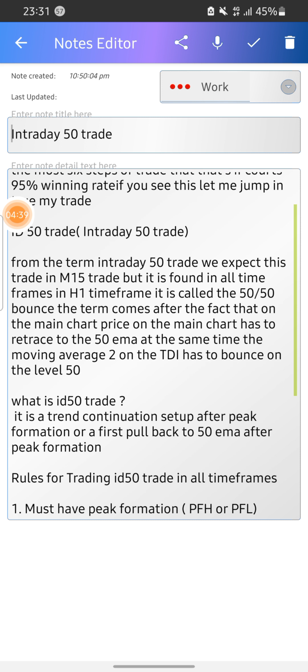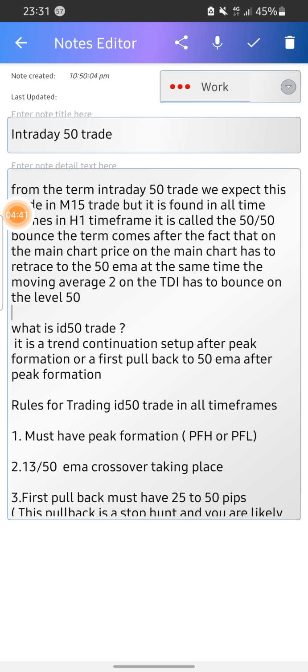Some may ask, what is an ID 50 trade? Here is the best explained answer. It is a trend continuation setup after a peak formation, or one would classify it as a first pullback to the 50 EMA after a peak formation.